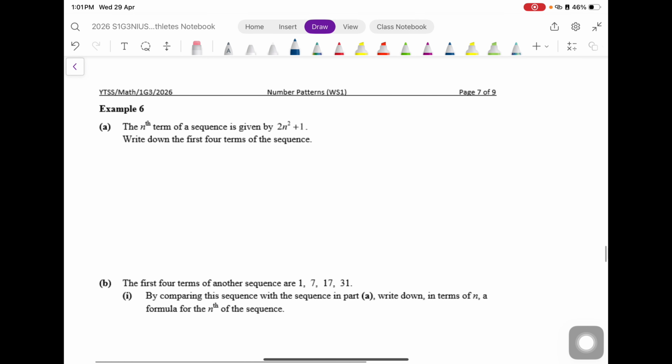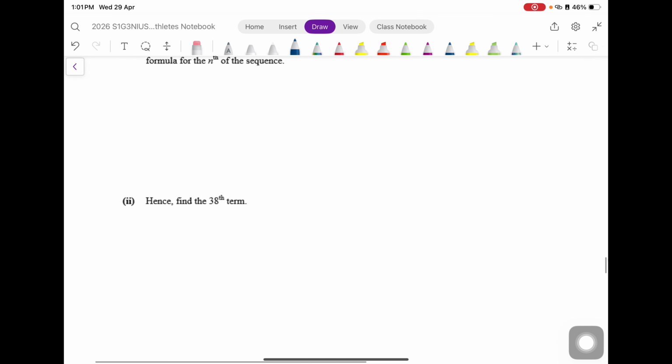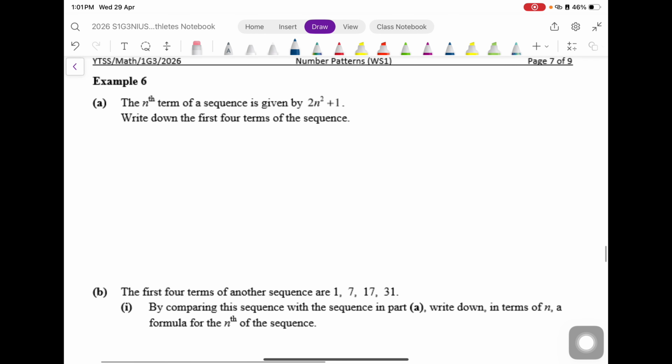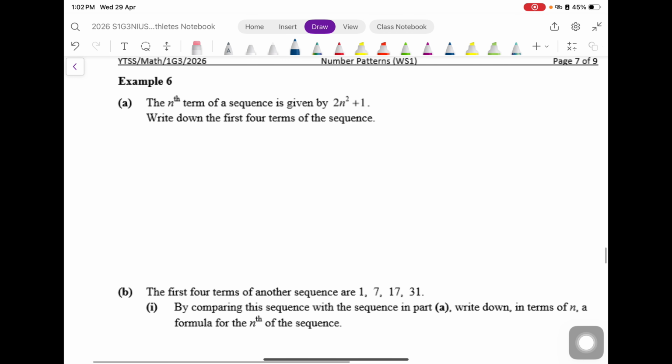Now next one, Example 6. The nth term of a sequence is given by 2n squared plus 1. Write down the first 4 terms of the sequence. So I find the first term, which is my T1, second term T2, third term T3, fourth term T4. This is when n equals 1, n equals 2, n equals 3, n equals 4.